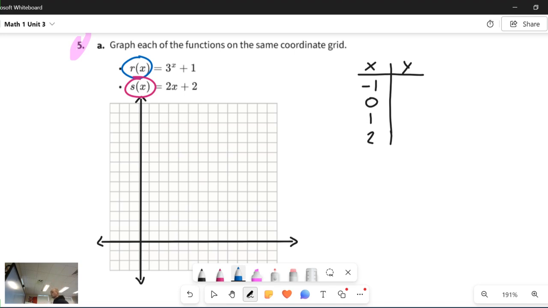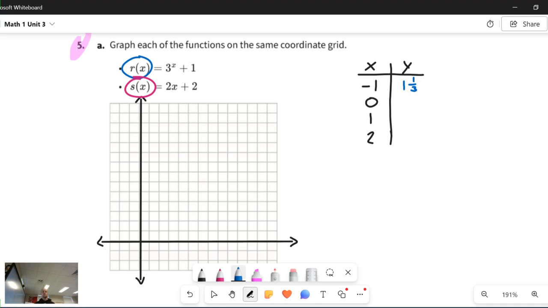So in this case, I'm going to quickly take these numbers that I have over here, this x, -1, 0, 1, and 2, and plug those in to r of x. So I plug in -1 into x, and I get 1/3 plus 1, which for the sake of this, we're going to say is 1 and 1/3.